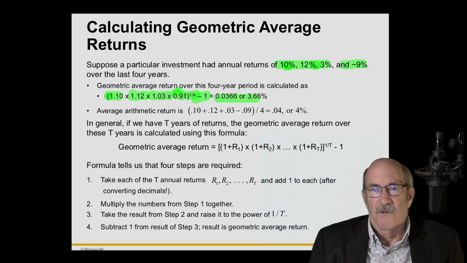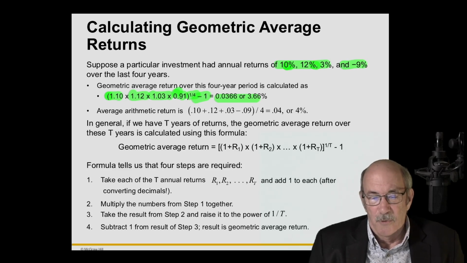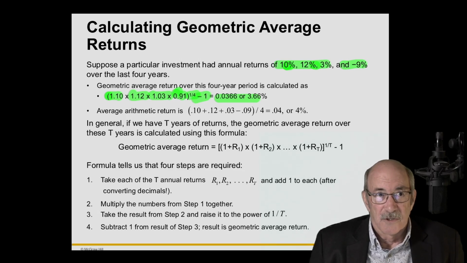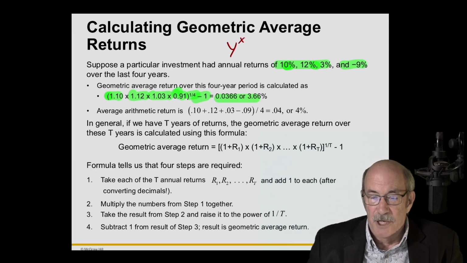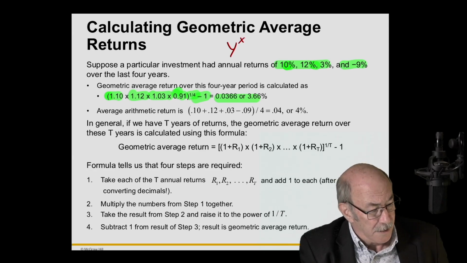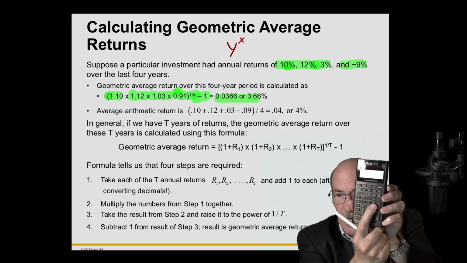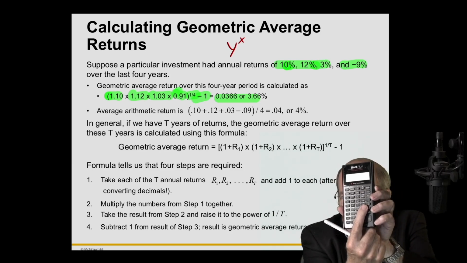Grab your calculators, take them out, and just run through this math to make sure that you're comfortable with doing that. You can do the 4th root by just using the y to the x function on your calculator. If you have a BA2+, the y to the x function is right here on your BA2+.